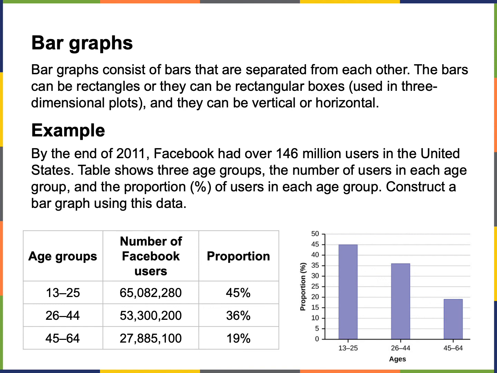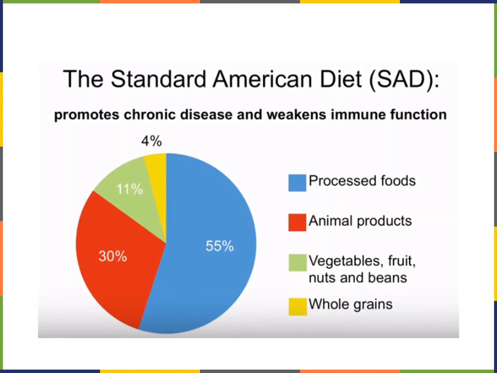All right, so then I'm going to show you some examples of graphs now. We have the SAD, the standard American diet. SAD. That's funny. I thought it was funny. This is obviously a chart made to question what Americans eat. Processed foods consist of 55%. Animal products consist of 30%.